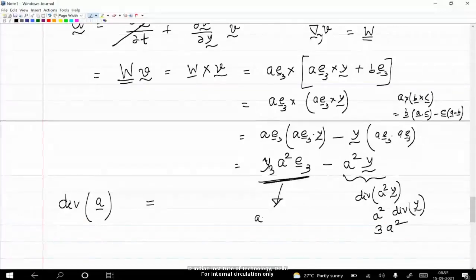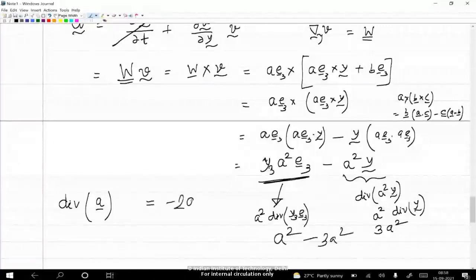So basically this is equal to a square into divergence of y3 e3. Yes, divergence of y3 e3 is simply 1. So here you get a square, and the second term is minus 3a square. So what you have here is minus 2 times a square.